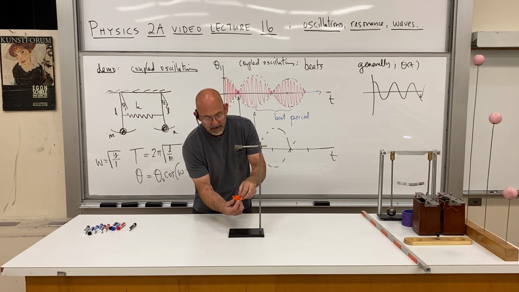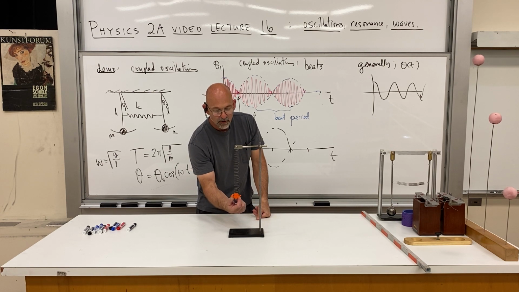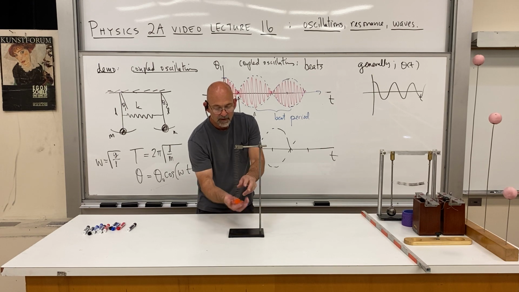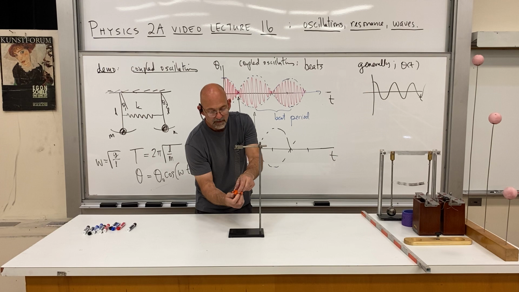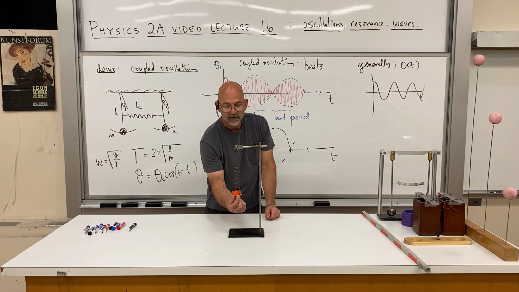With this device, it's been tuned by these little bolts on the end here. If you move these nuts out or in, the moment of inertia changes and the twisting frequency changes. So here's what I'm going to do. I'm going to twist this thing up in a major way and just release it and see what the camera catches. It starts out with a purely twisting motion. Let's do it once more with feeling here. Okay, so it starts out with a purely twisting motion.